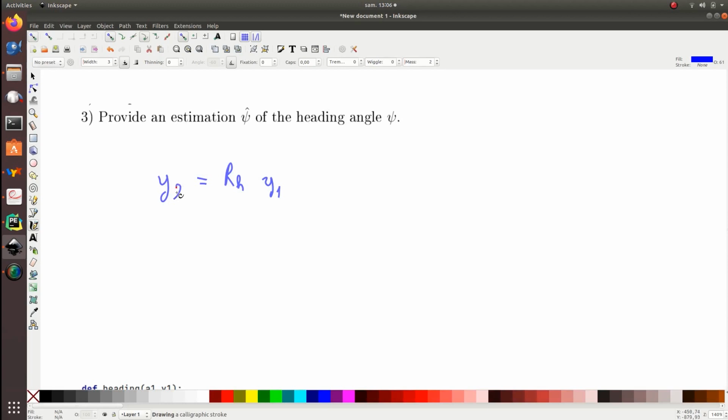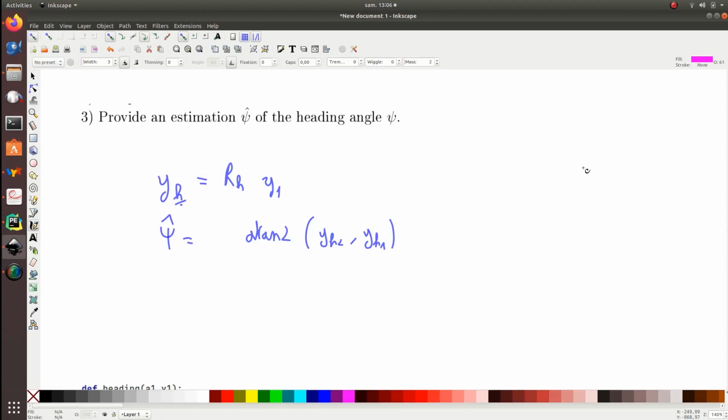I call it YH, like horizontal. Then I am now in the horizontal plane, and I can get the estimation of the heading psi hat by taking the arctangent 2 of the two first components, H2, H1.